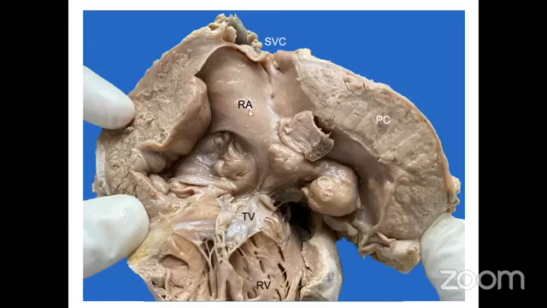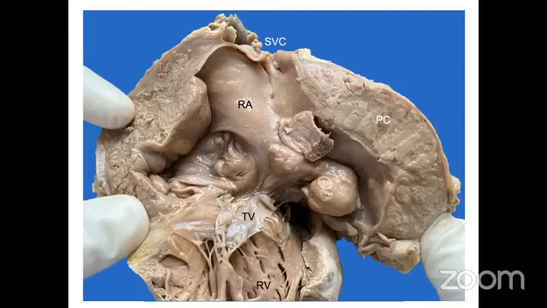Please also note that this pericardial cavity is enclosing a very thick layer of granular material, which was nothing but caseation necrosis, and all these masses are nothing but tuberculomas of the right atrium in a setting of tuberculous pericarditis.